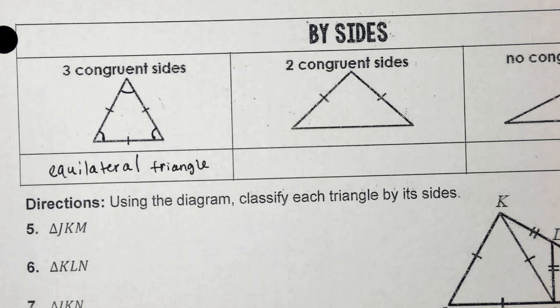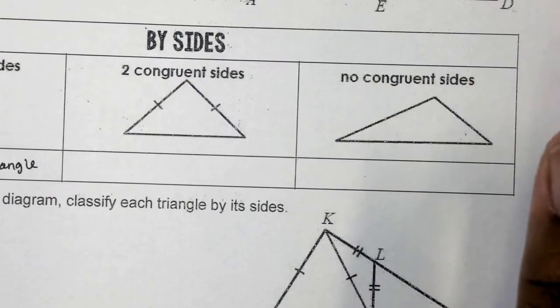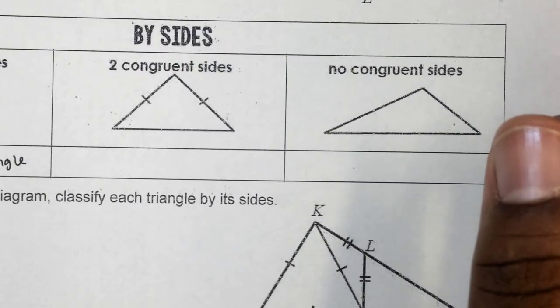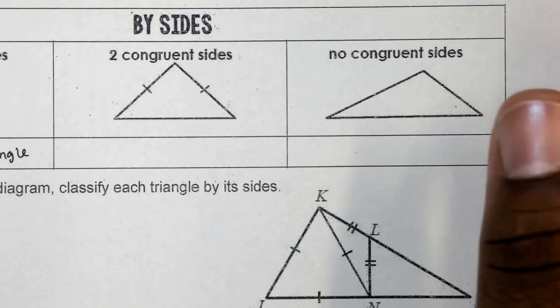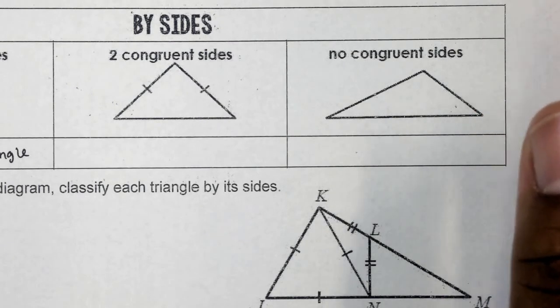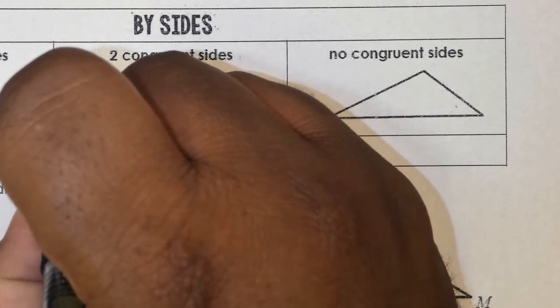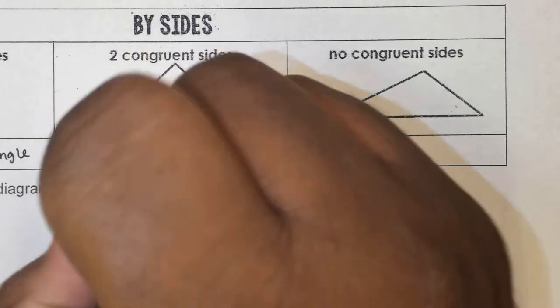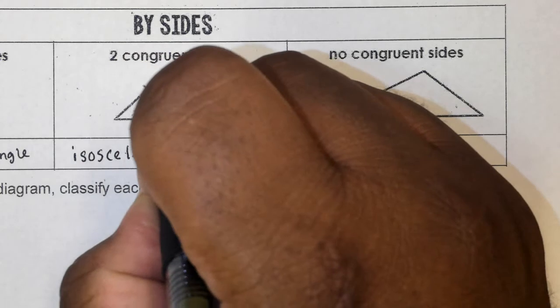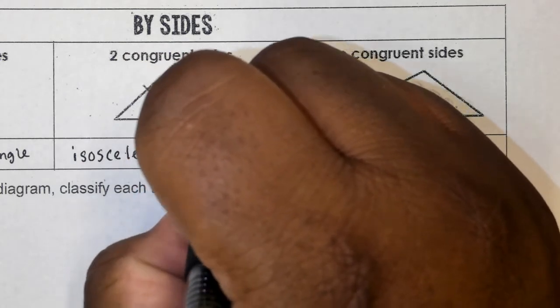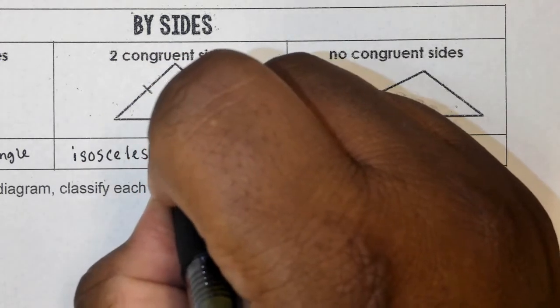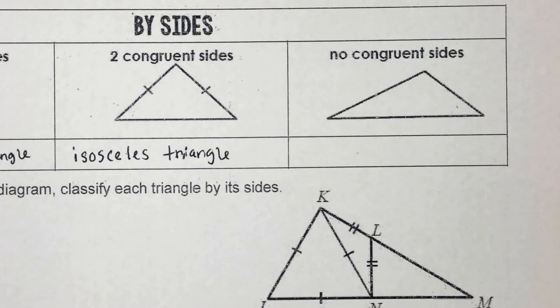Those two go hand in hand. Two congruent sides. Anybody remember this word? No. Y'all don't have good memories. Isosceles. I know y'all got taught this before. A triangle that has 2 congruent sides is called an isosceles triangle.